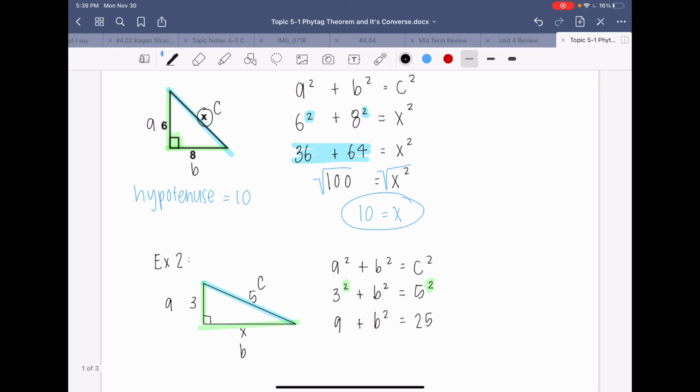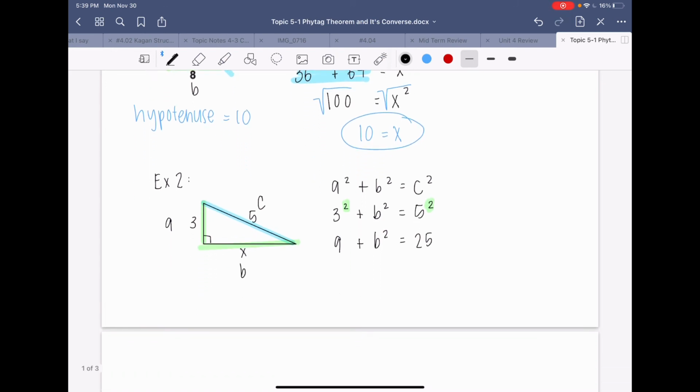All right, here's our extra step. You have to subtract the 9, because we need b squared by itself, alone.